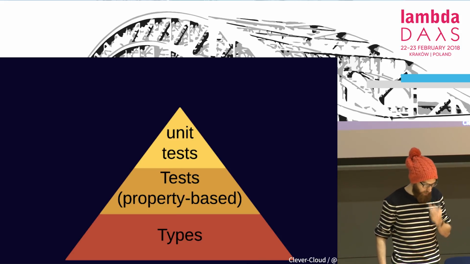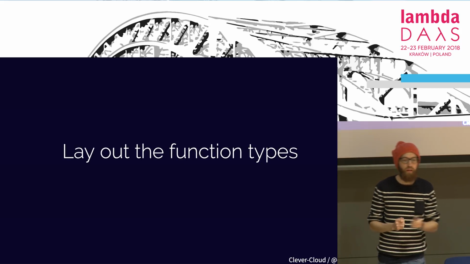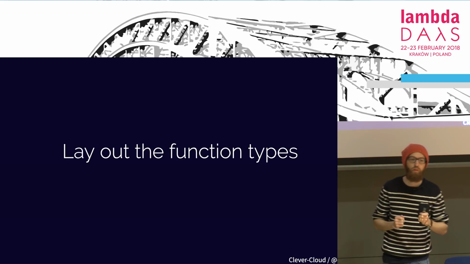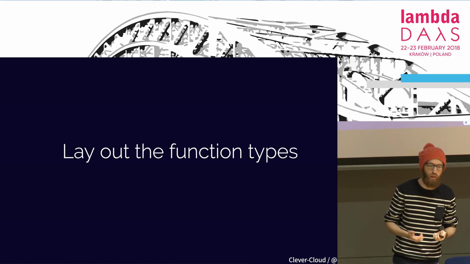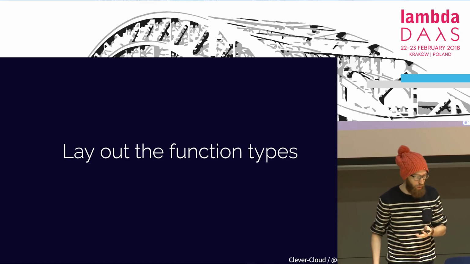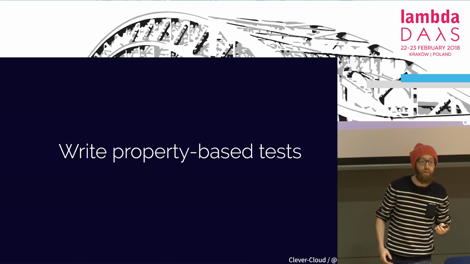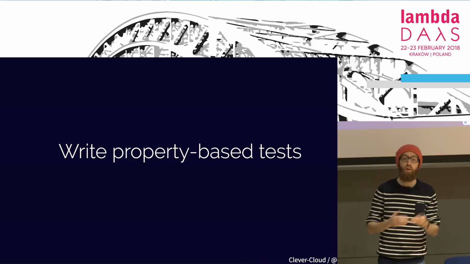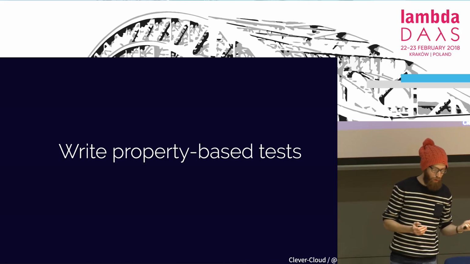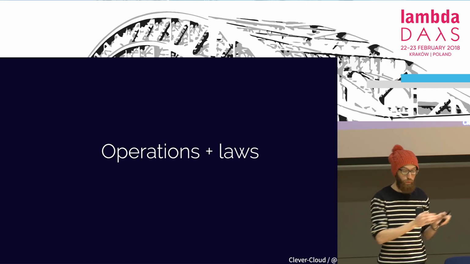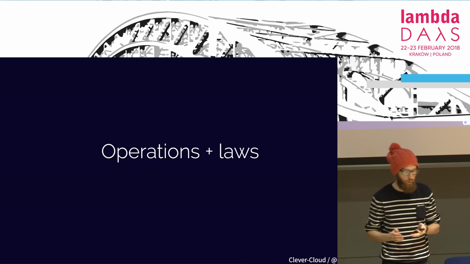So in practice, you start by laying out the function types. That's the most important thing, and that's where your business logic is, the transformations of value in your program. Then you write property-based tests to assess more properties about your transformations. So you end up with operations and laws on these operations.